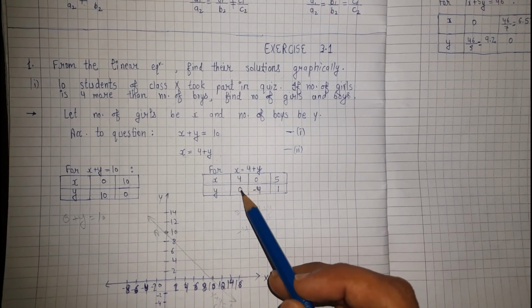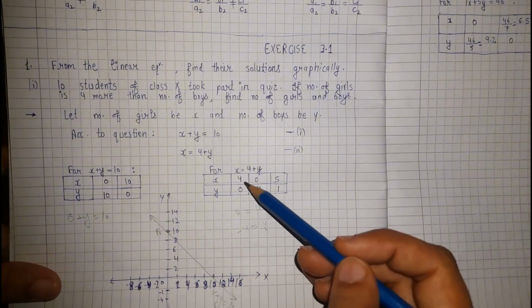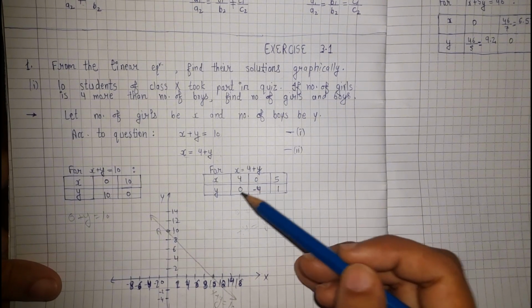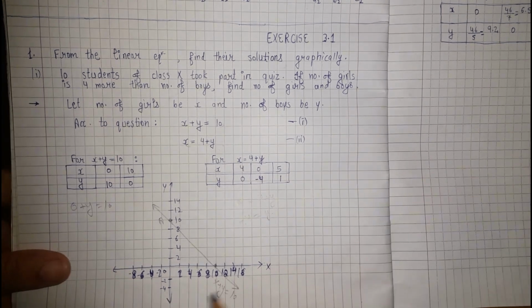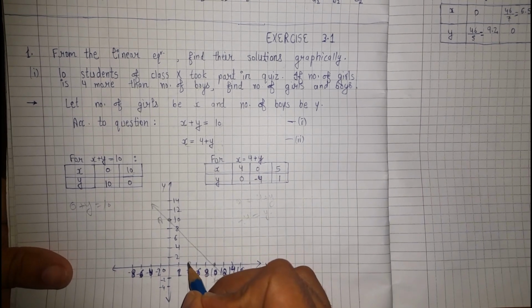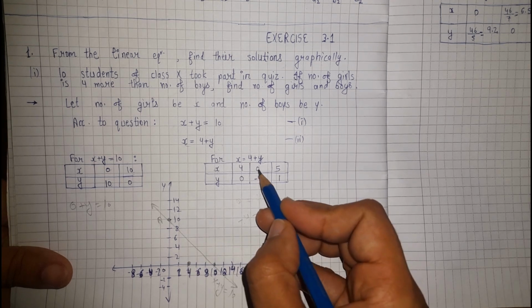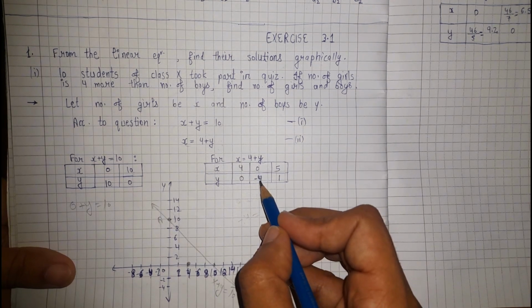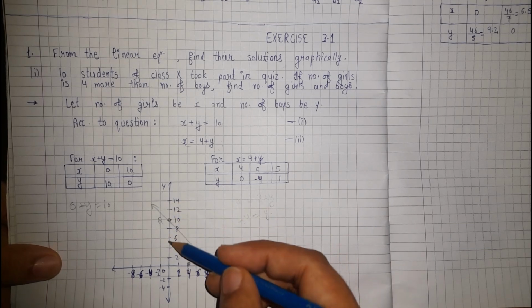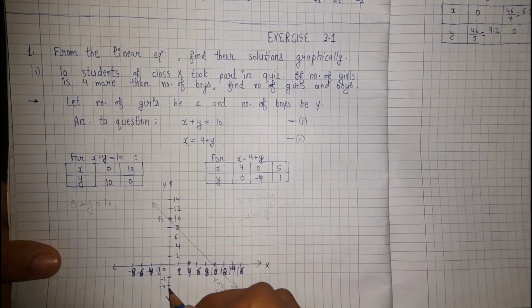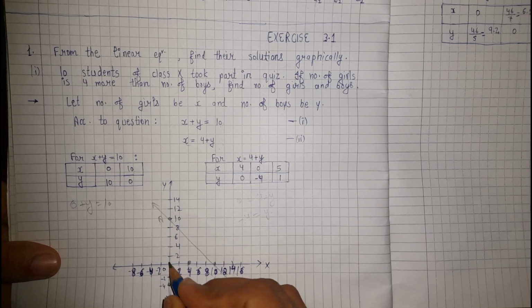Now plot all these points on a graph. When x is 4, y is 0. When x is 0, y is equal to minus 4.